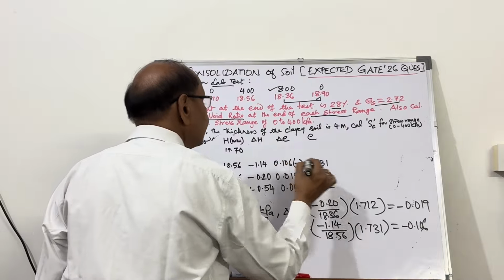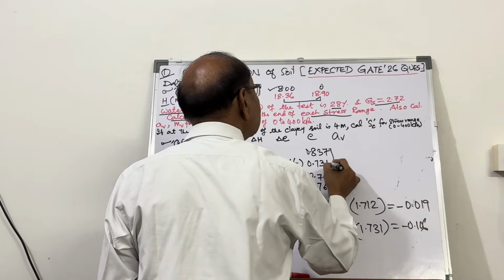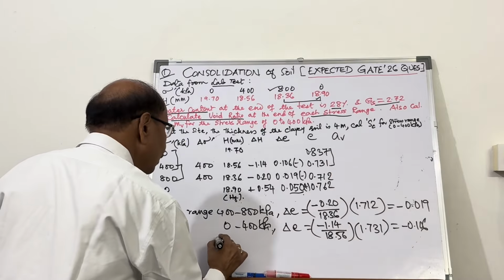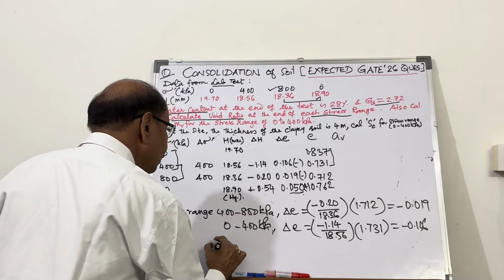So friends, you can find out now AV. So AV you can find out for 0 to 400. What is AV? It is called the coefficient of volume compressibility, which is going to be delta E upon delta sigma prime.